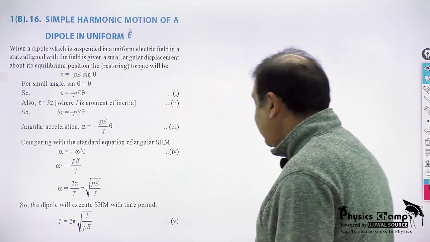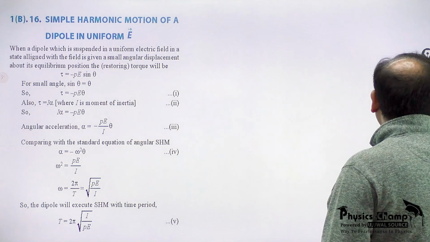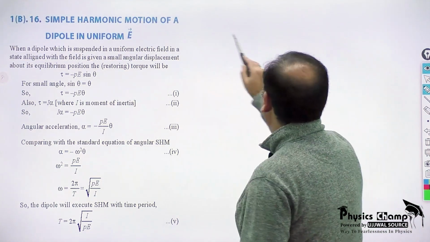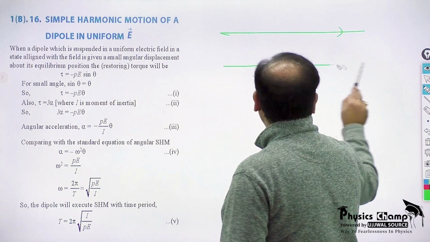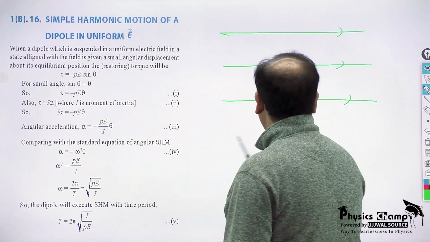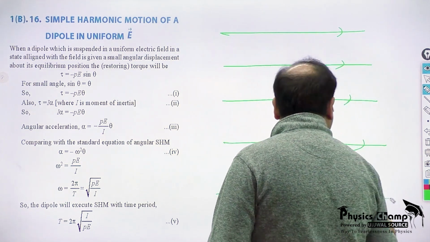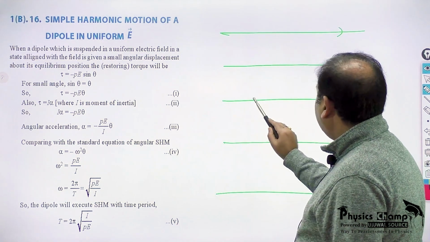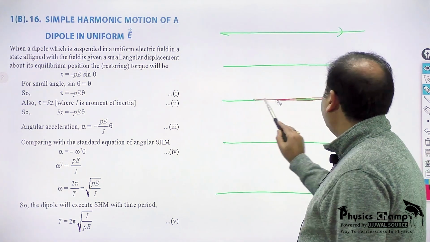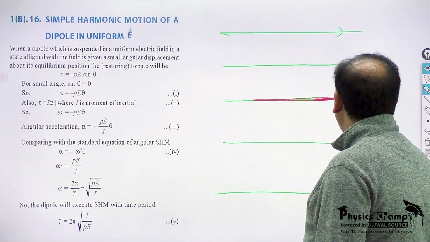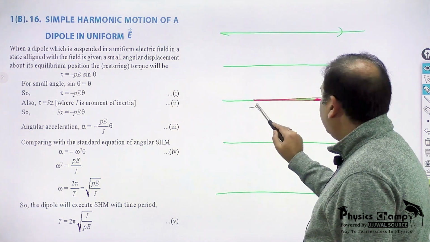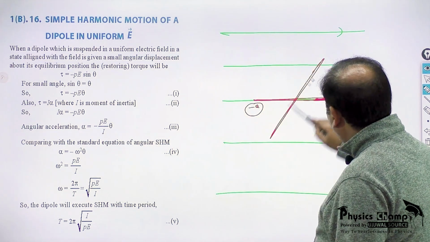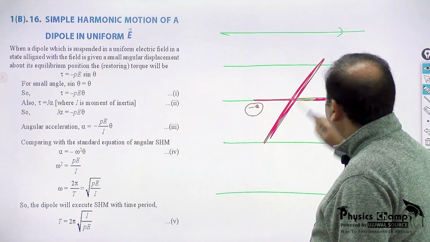So just imagine that there is once again a uniform electric field, and in this uniform electric field, an electric dipole which was earlier aligned is displaced by an angle theta under some external torque.